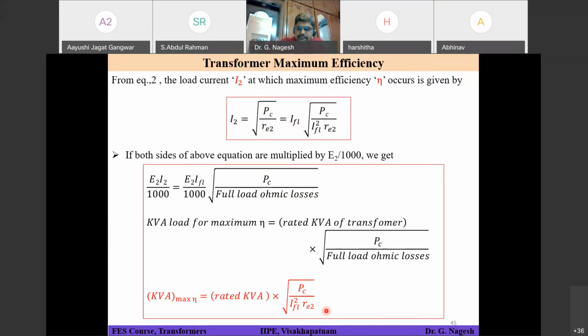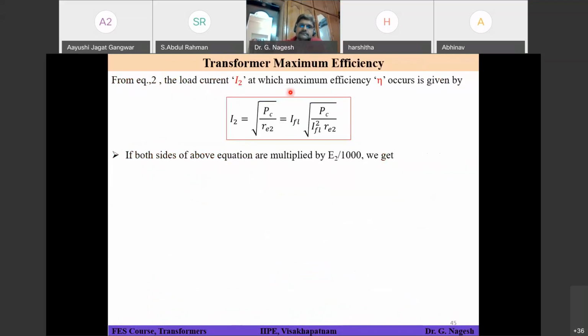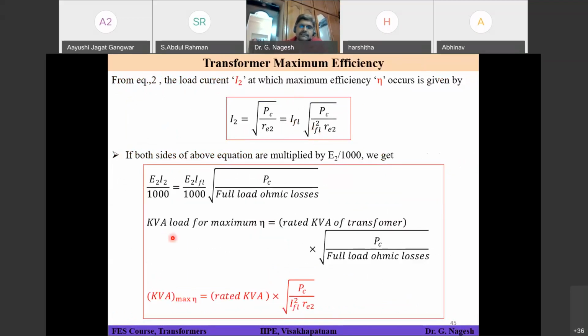Right. So everything is coming from this expression only, I2 square RE2. Here I2 corresponds to the current at which your maximum efficiency occurs. From this we get this expression, multiplying with IFL in the numerator and denominator. Once you get that, I am converting in terms of kVA by multiplying with E2 by 1000.